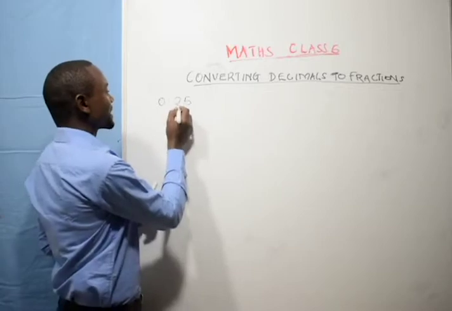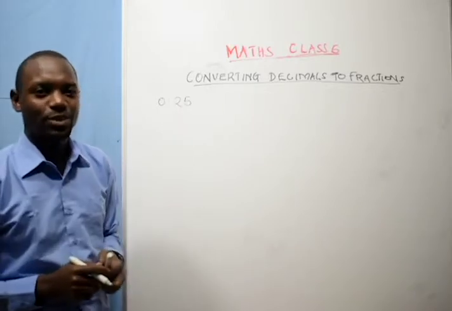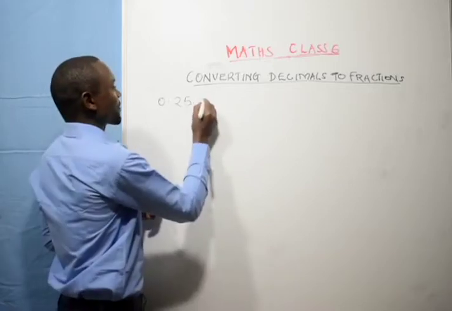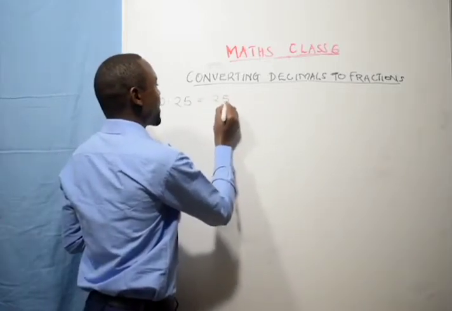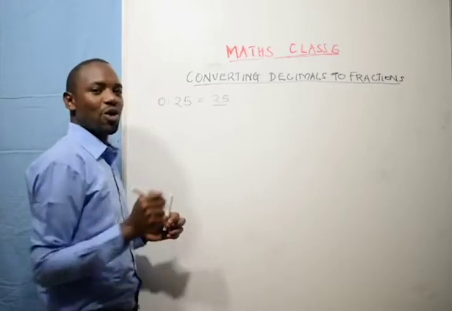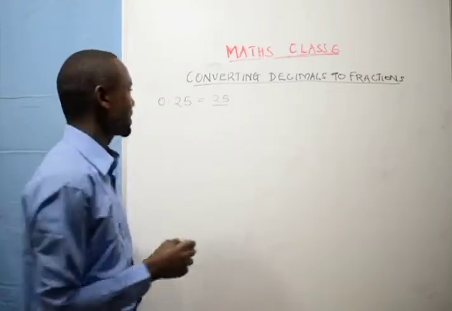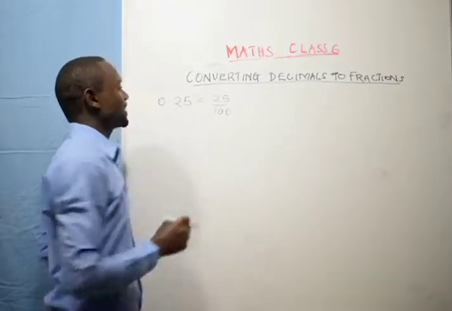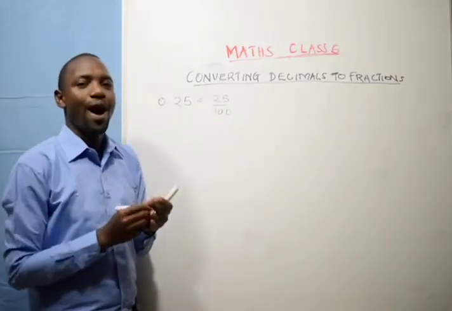How many decimal places are in this number? We have 1, 2. So we write it as 25 over a power of 10 with 2 zeros. And which number is that? Over 100. If it has 2 decimal places, we write it over 100.